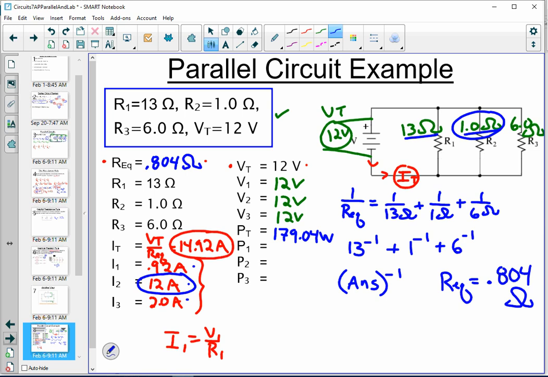Power 1 will be 11.04 watts. P2 will be 144 watts. And P3 will work out to be 24 watts. You can work the math yourself to prove to yourself that you can find the individual powers. Notice that the individual powers add up to the total power.